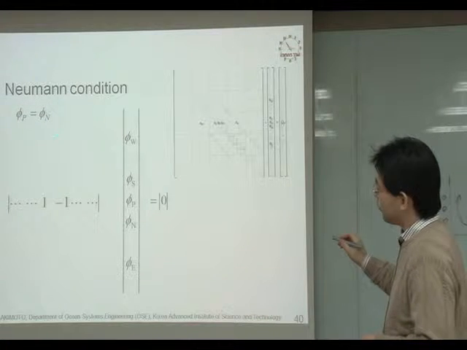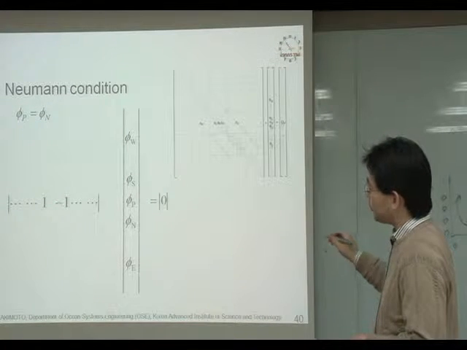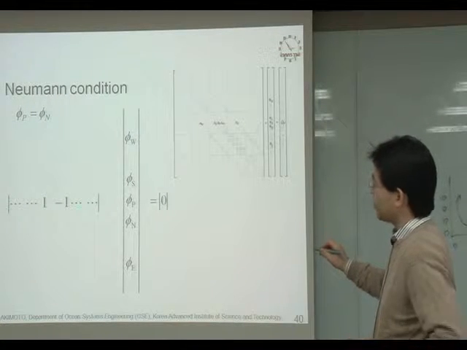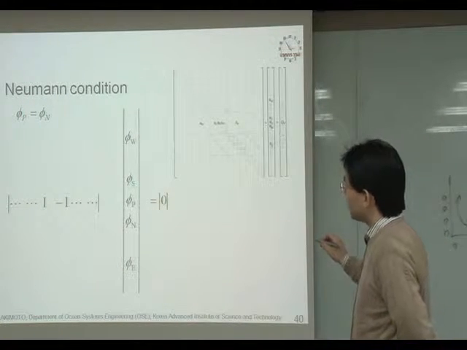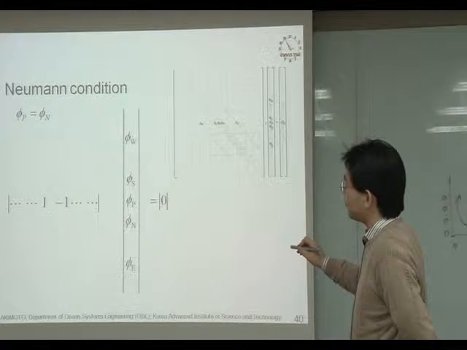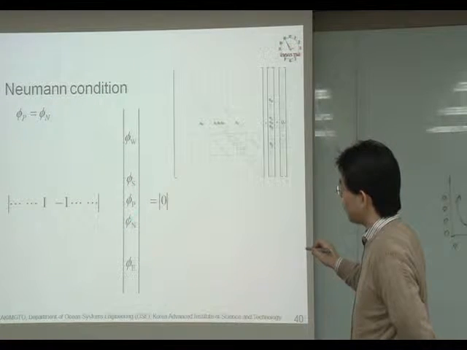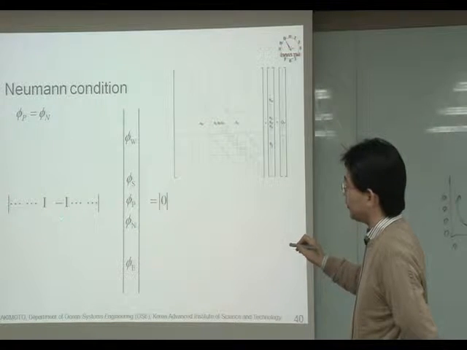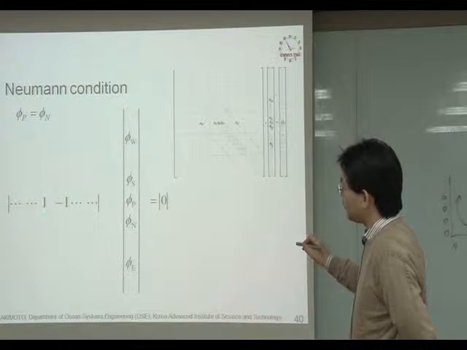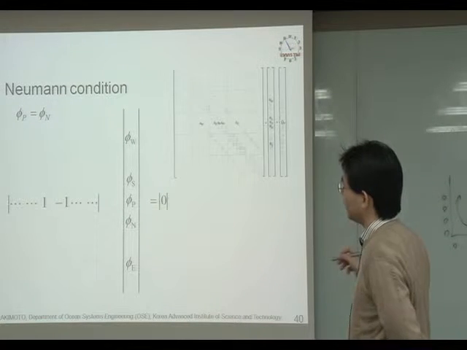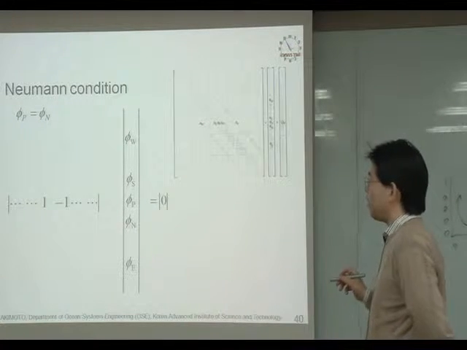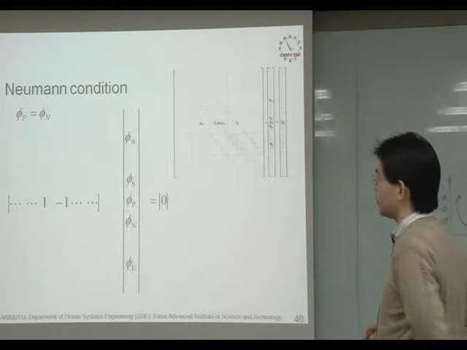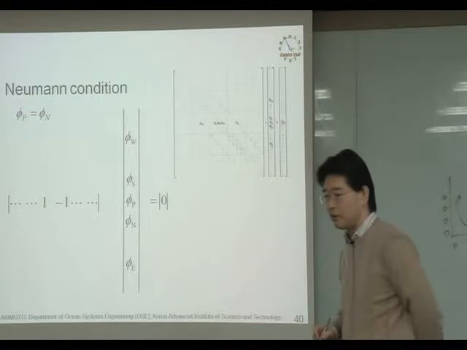Naturally, this condition can be implemented in the matrix coefficients like this. The coefficient on phi p is unity, and the coefficient on phi n is minus unity. So this component can be read as phi p minus phi n is equal to 0. So it shows the zero gradient condition.